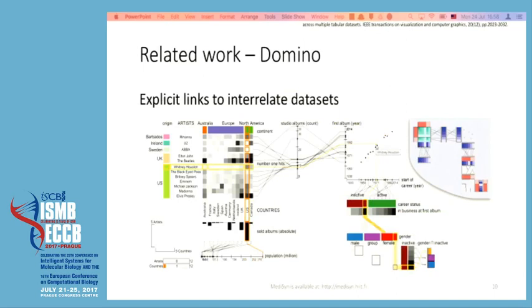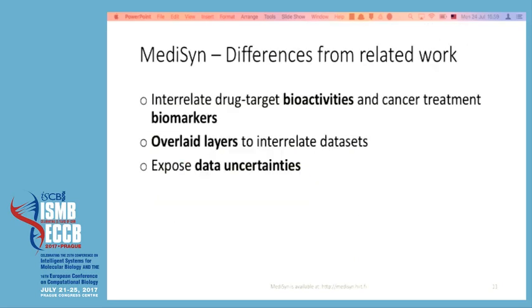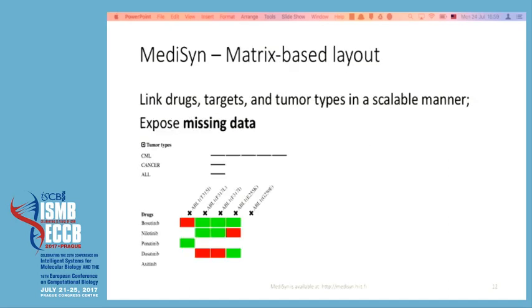And Domino uses explicit links to interrelate datasets. MediSyn is different from the related work. It uses overlaid layers to interrelate drug targets, bioactivities, and cancer treatment biomarkers. At the same time, it exposes data uncertainties.